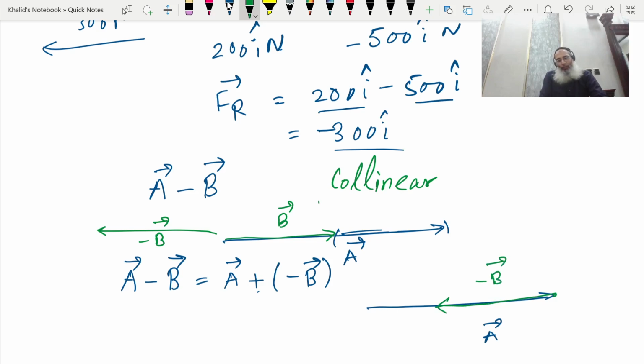Now these are two collinear vectors acting along the same line, and their sum starts from the tail of the first vector and goes up to the head of the last one.